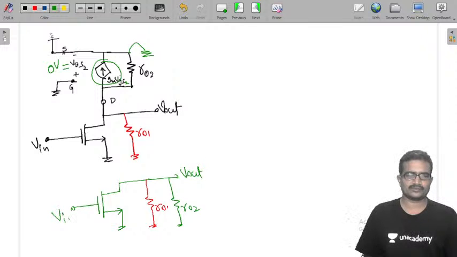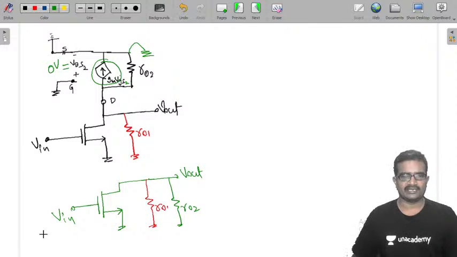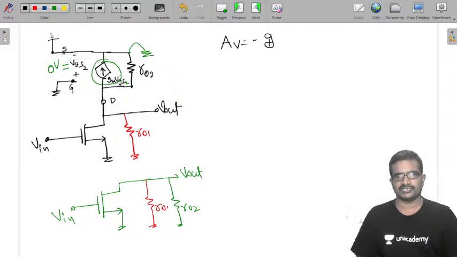V input. Now it seems to be a common source amplifier. Common source amplifier gain is minus gm into load. So its voltage gain is minus gm1 into R01 parallel with R02, where this is the device M1.